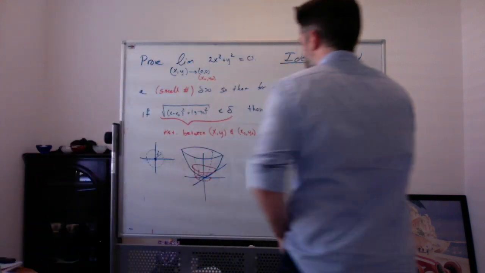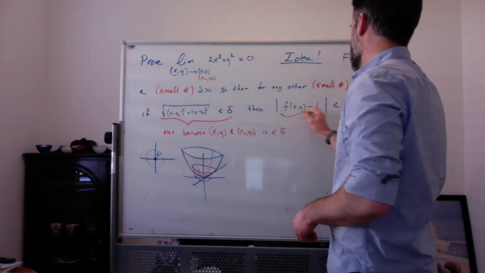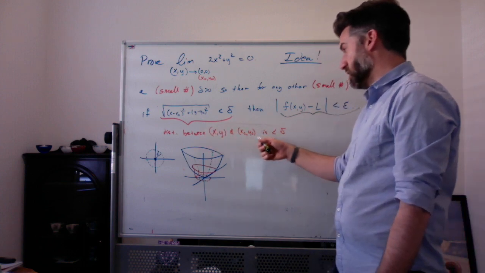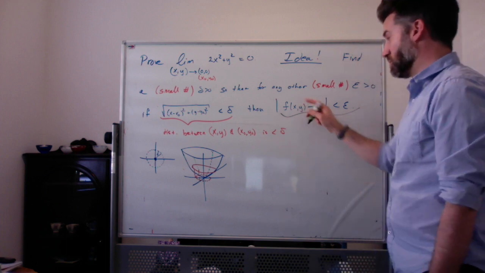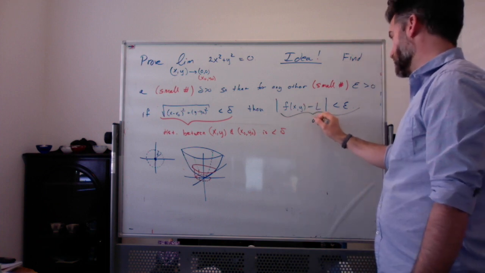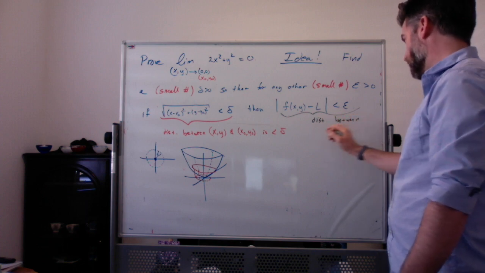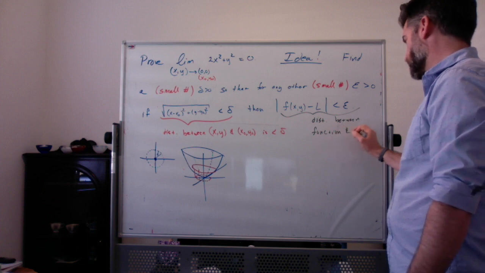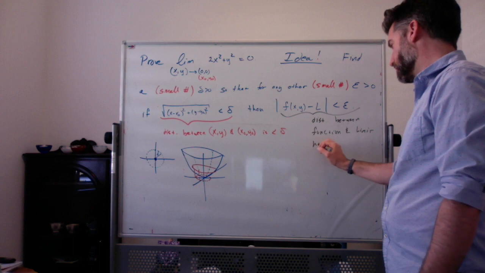So all this part is saying over here, let's use a different color so you can differentiate. This is just saying that if the distance between (x, y) and (x naught, y naught) is small, then the distance between the function value and the limit value also has to be small.